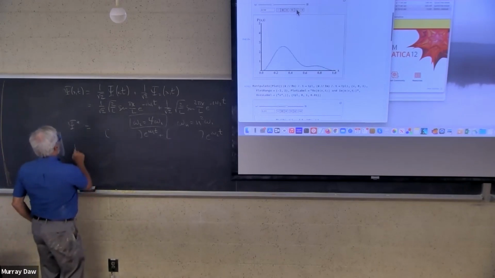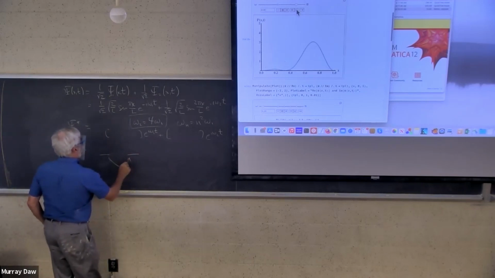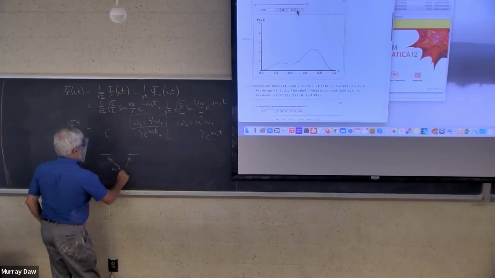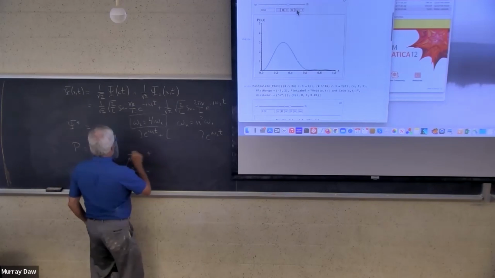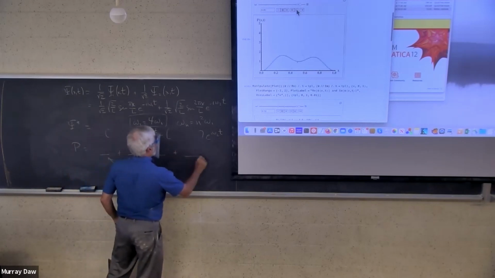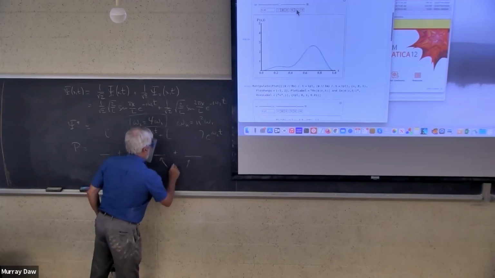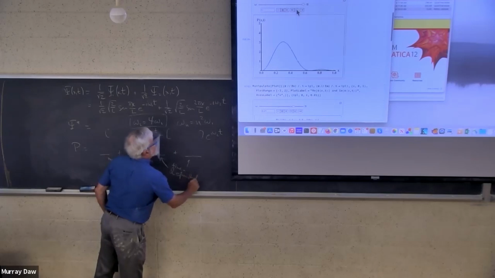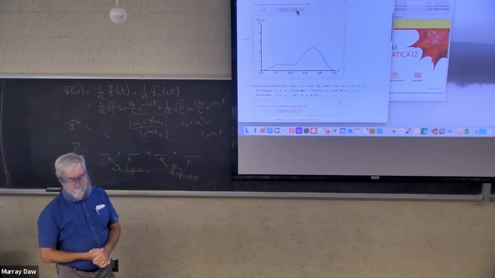So the probability will have 2 terms which don't depend on time, and then 2 terms that depend on time. The result is that. Time dependence looks like that.